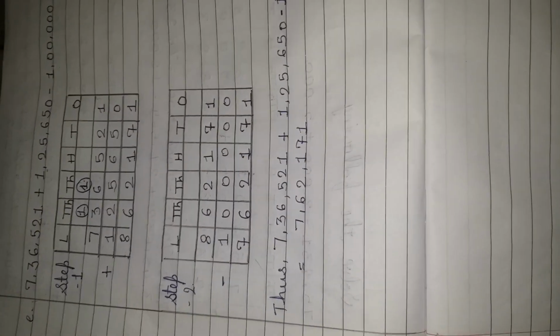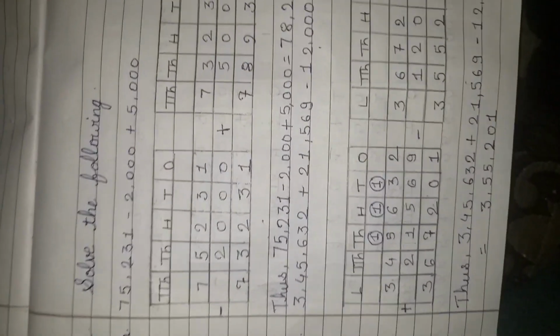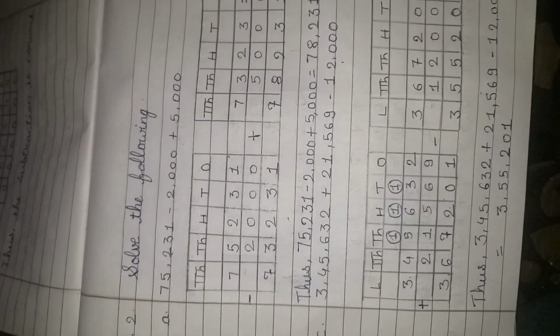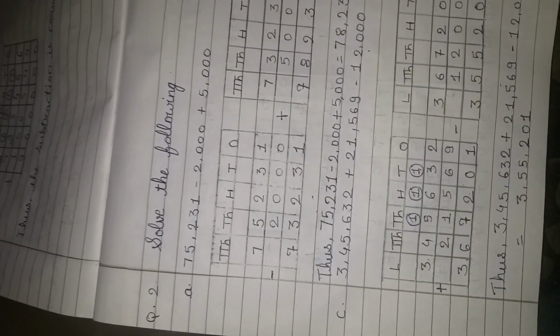So students, this is how we are going to solve the examples when we subtract and add together. Here also you can see that first of all we have to do the two numbers operation, the first operation, and then we have to do the second one.